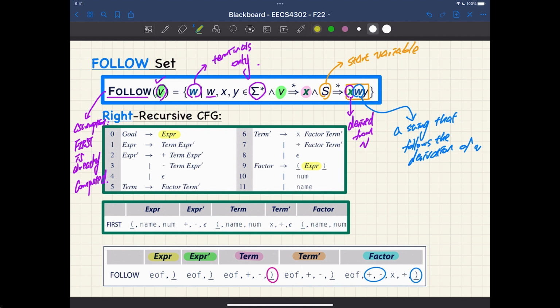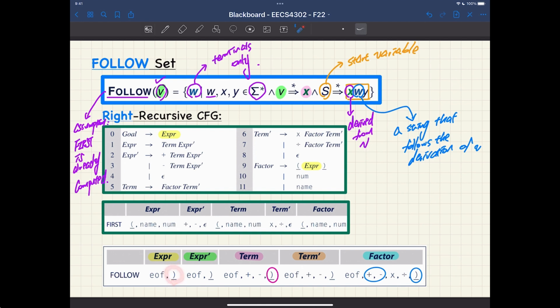Okay? And let's start with this one. This one is rather easy. We are saying somehow expression can be derived to something. What can follow that? Well, this guy here. That was obvious, right? Okay, so that's why you see this guy over here. Number one.